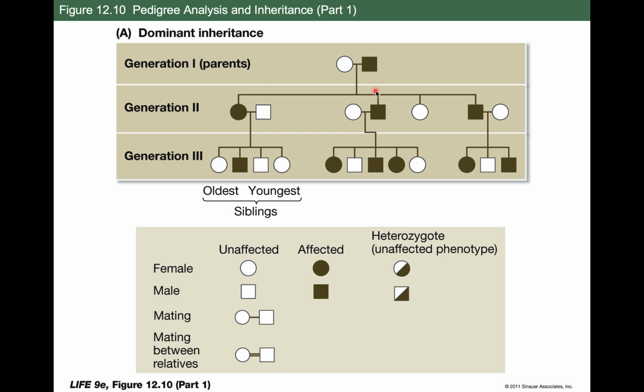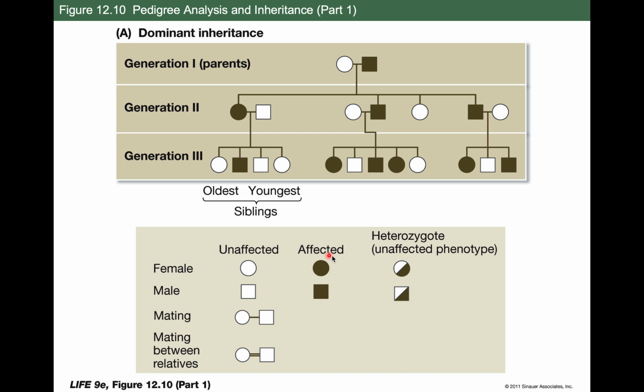And you'll notice on this pedigree, some of these individuals are shaded in or darkened in. So those would be the people in this family that actually have the particular trait or disease that we're studying in this instance. The individuals that are white, that are not shaded here, don't have that particular trait.